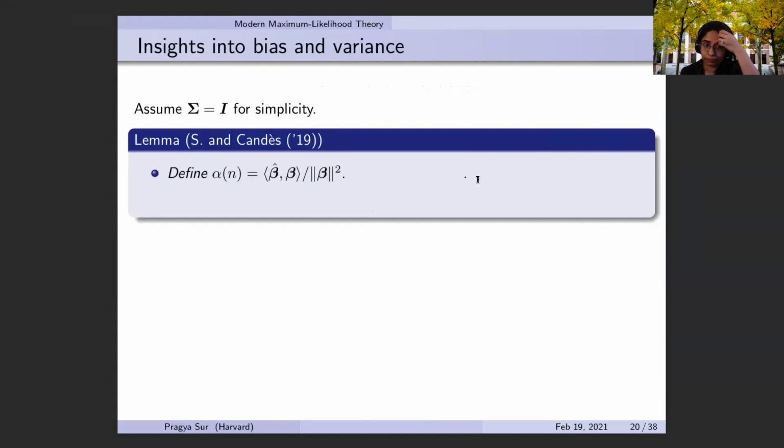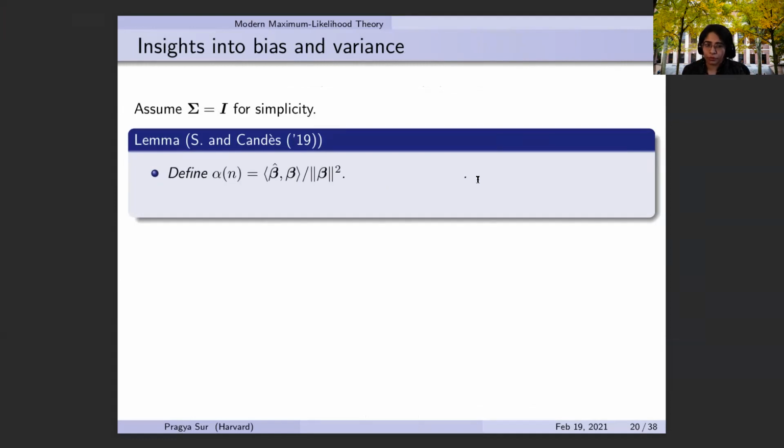Let me provide a few insights into these constants, alpha star and sigma star. So far what I have told you is that they are solutions to some system of equations, but that doesn't give us any insights.